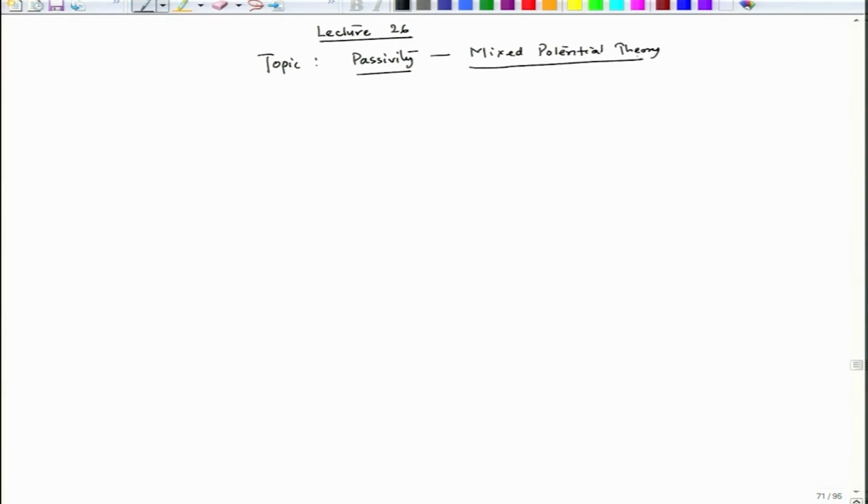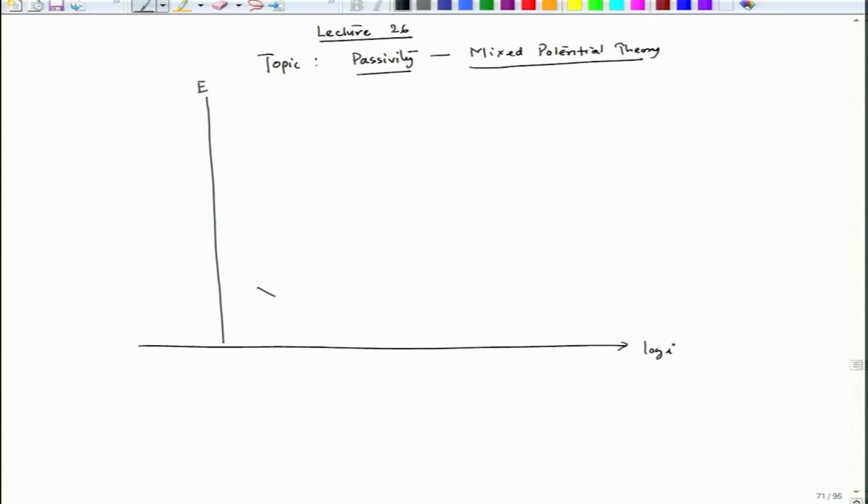If we try to see the discussion what we had in our last lecture, this is the diagram what we have drawn. Now we have seen that this zone is passive zone.